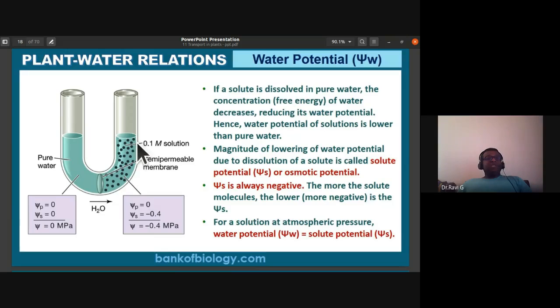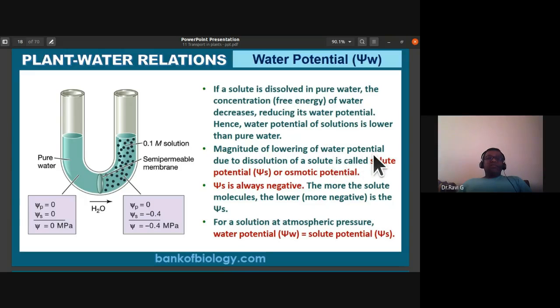The solution has lower water potential. Hence, the water potential of a solution is lower than that of pure water. So the water potential of solutions is always lower than pure water; that is, they are all negative values because the pure water value is 0.